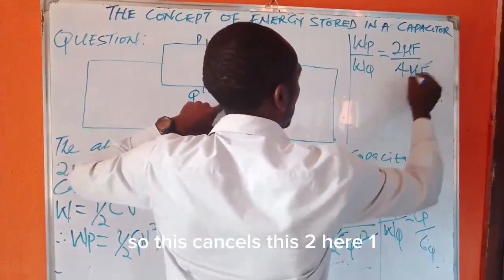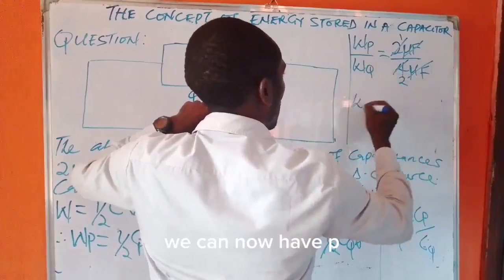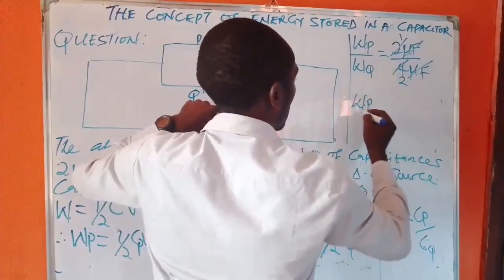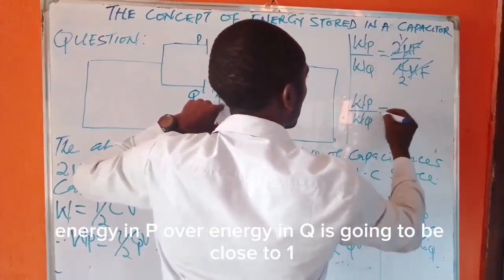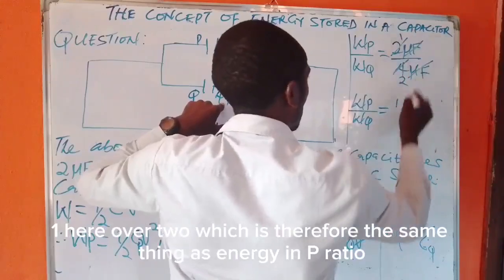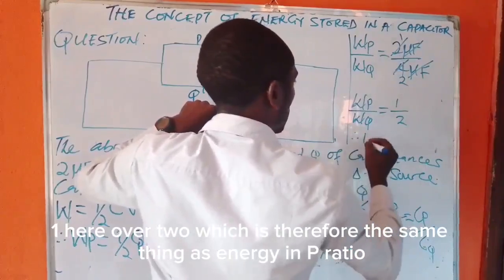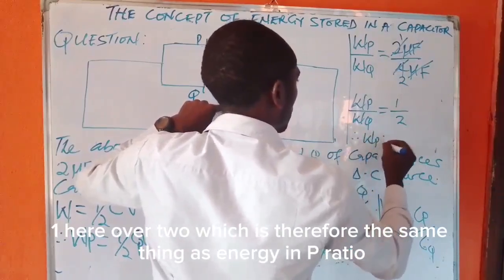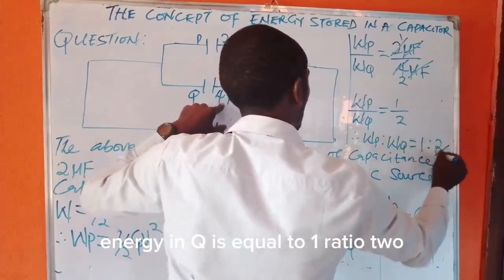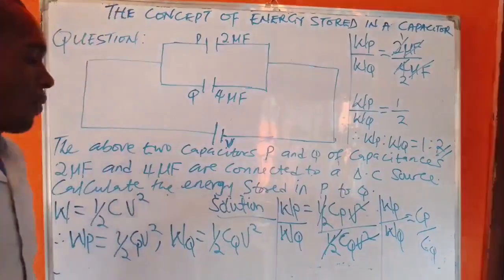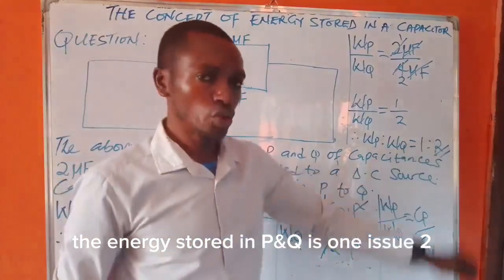So this cancels this. 2 here is 1, 2 here is 2. So the energy in P over the energy in Q is equal to 1 over 2, which is the same thing as energy in P ratio energy in Q equals 1 ratio 2. So this is the answer. It means that the energy stored in P and Q is 1 ratio 2.